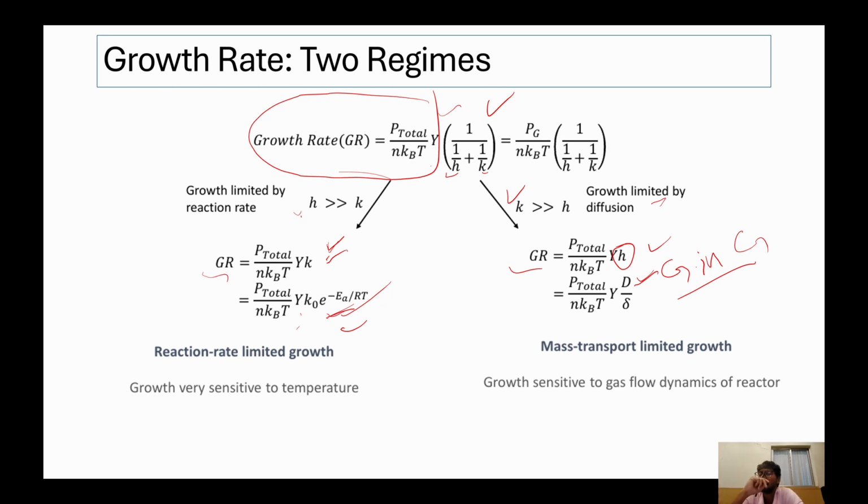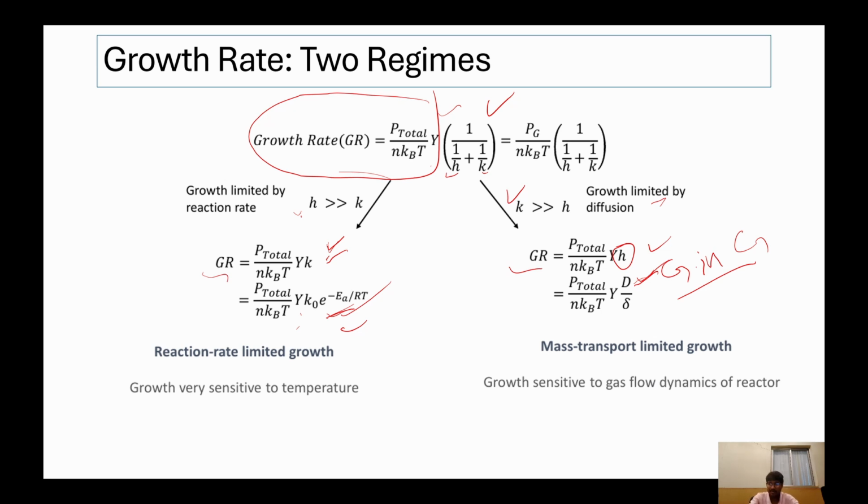So in this case, this is very lightly dependent on the temperature. It does not depend that much on the temperature, but it depends on the architecture of how you have placed your samples.